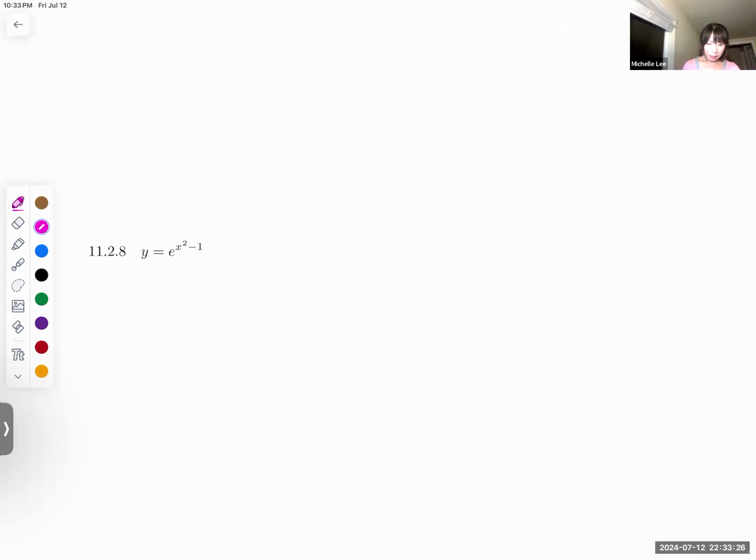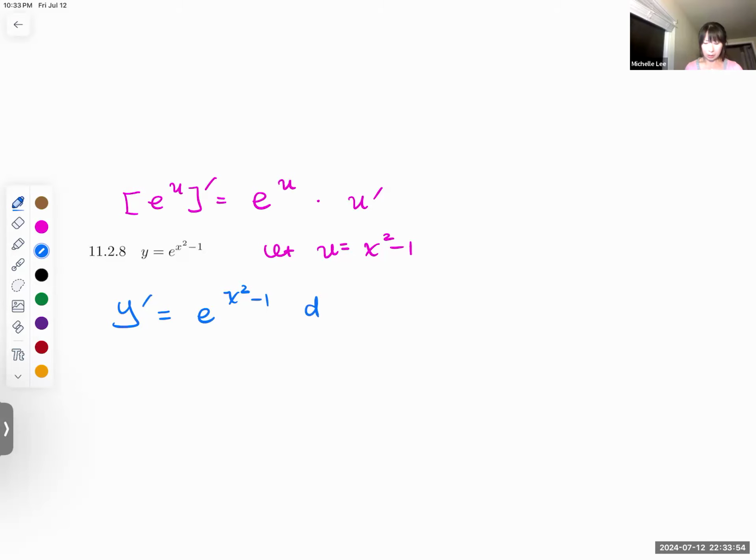Okay, so once again, the derivative of e to the u power is e to the u times u prime. In that case, u equals x squared minus 1. Let me do it slowly this time.